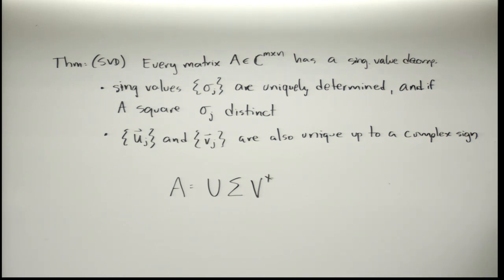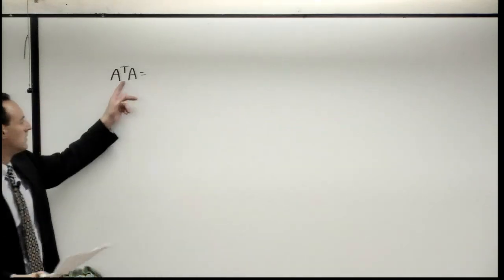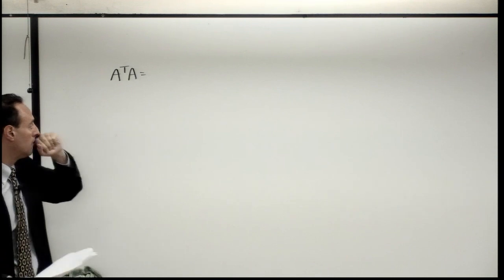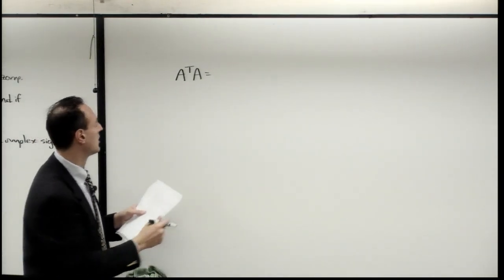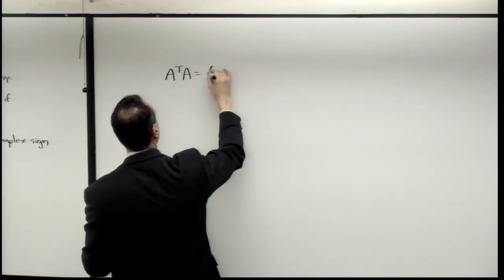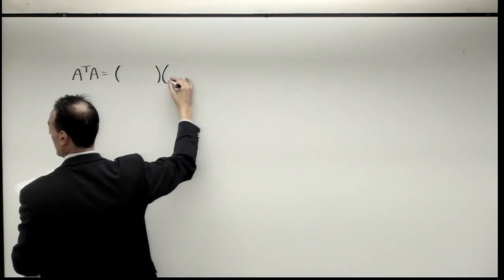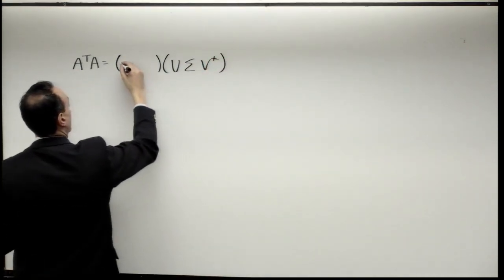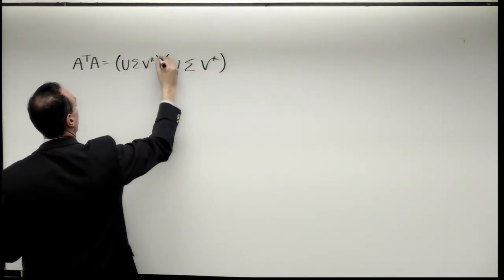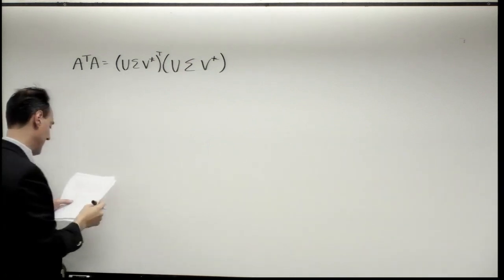Think about the following: A transpose A. One thing to think about, if I want to compute this SVD, this is where this is going to go. Well, A itself is U sigma V star, and then I have U sigma V star, and I'm taking the transpose of that.